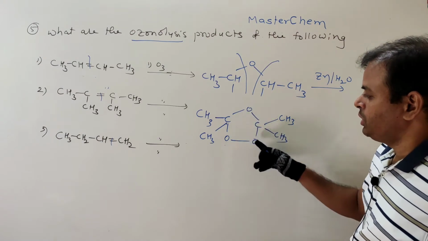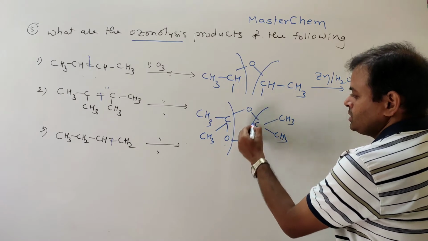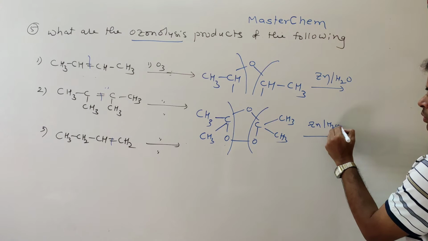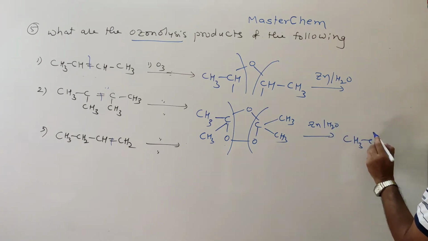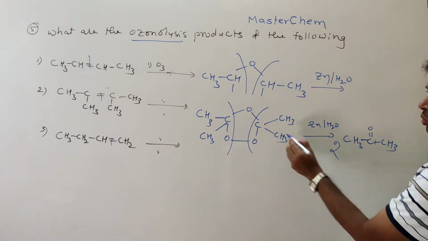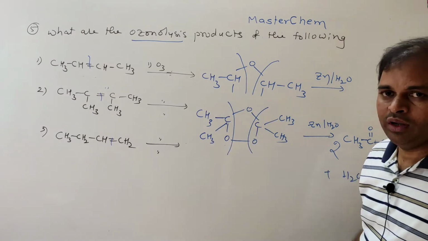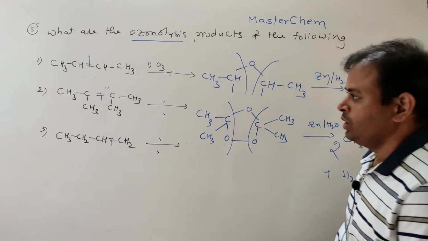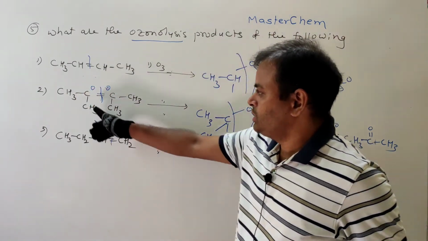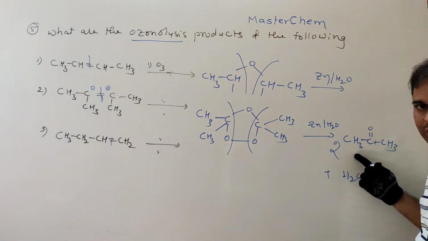This is just placing O3 at the unsaturation. In the presence of zinc and H2O, it gives CH3COCH3, 2 moles, plus H2O2. In the blind method, just place O here, O here: CH3COCH3, CH3COCH3. Both are the same.